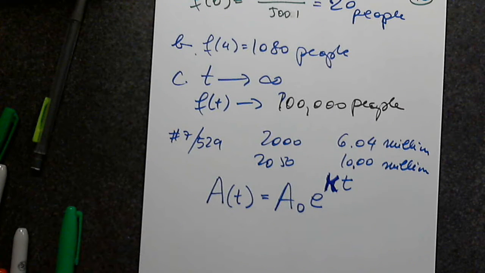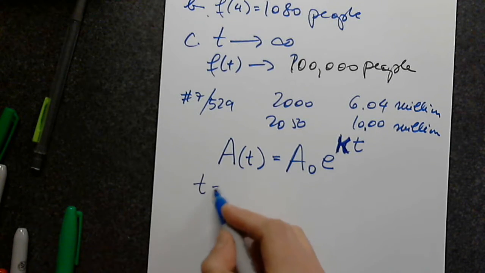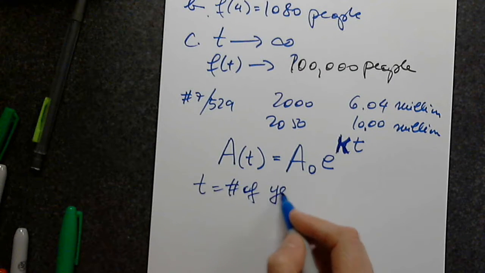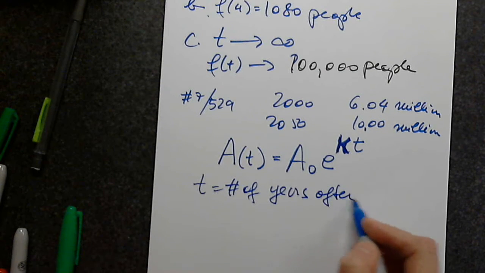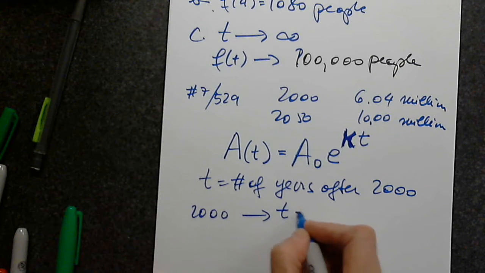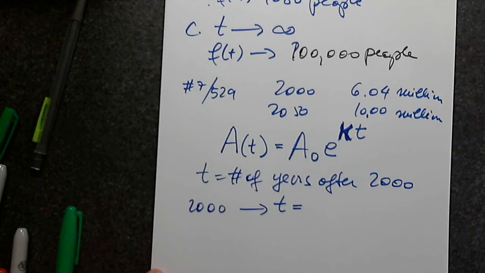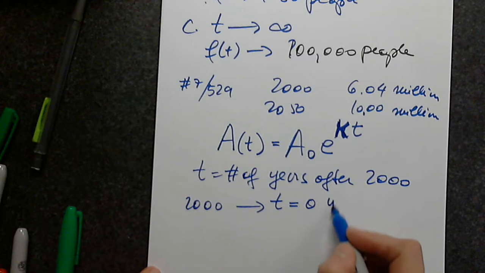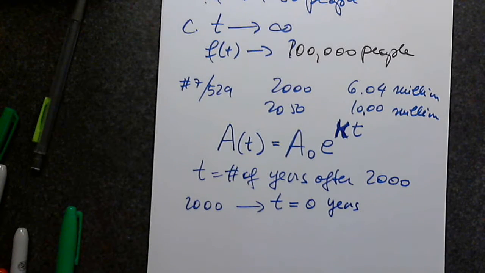Same thing though. Okay, perfect. In which t is the number of years after 2000. So t, number of years after 2000. So the year 2000 represents t equals how many years? Of course, 0 years. Perfect.